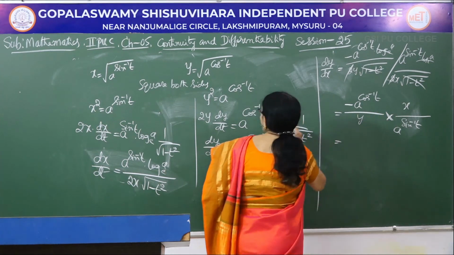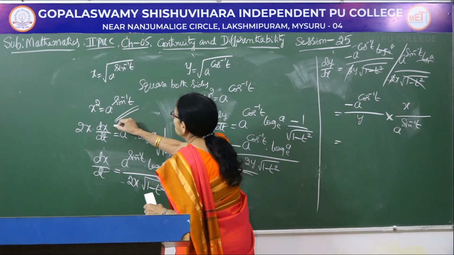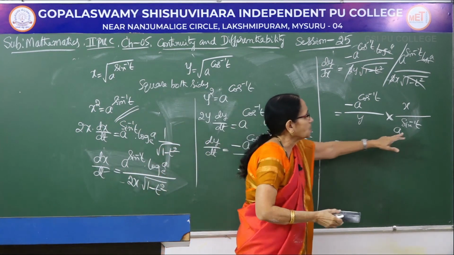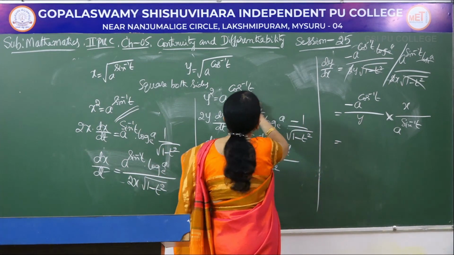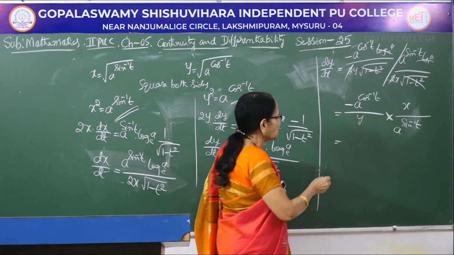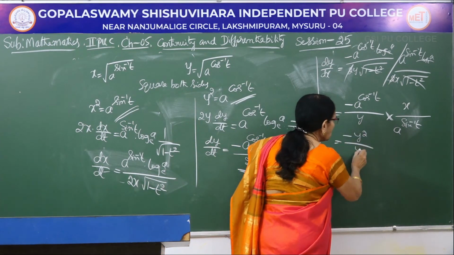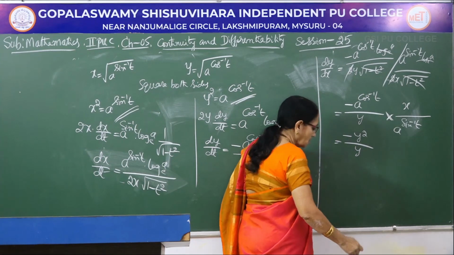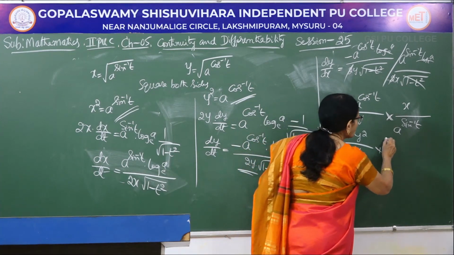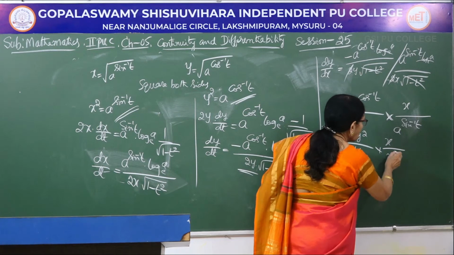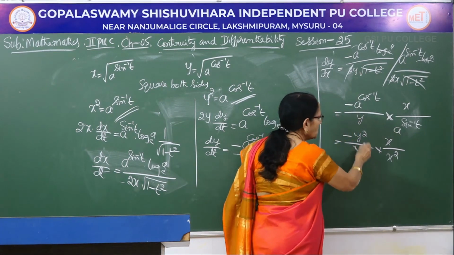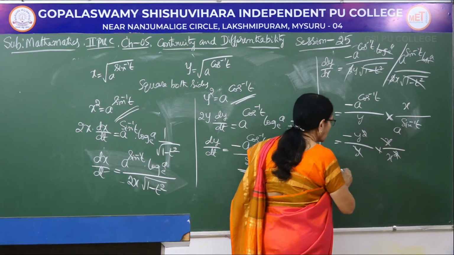Now, come to this relation. See, what is a power sin inverse t? That is x square. What is a power cos inverse t? It is y square. Let me write the values. Minus y square divided by y into x divided by x square. So, one y and one x are cancelled.